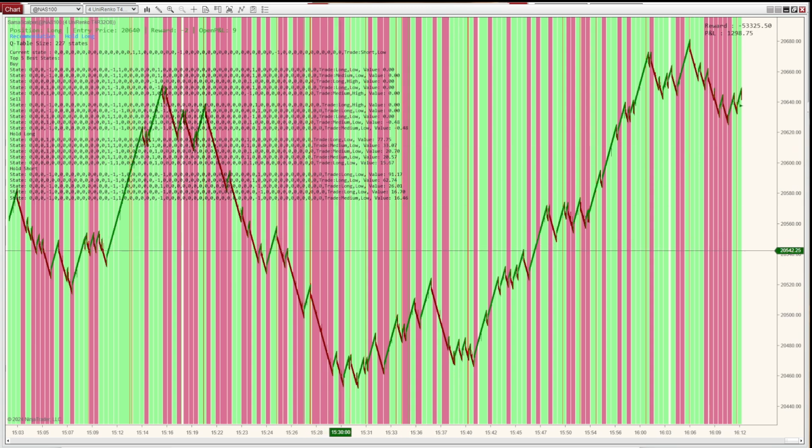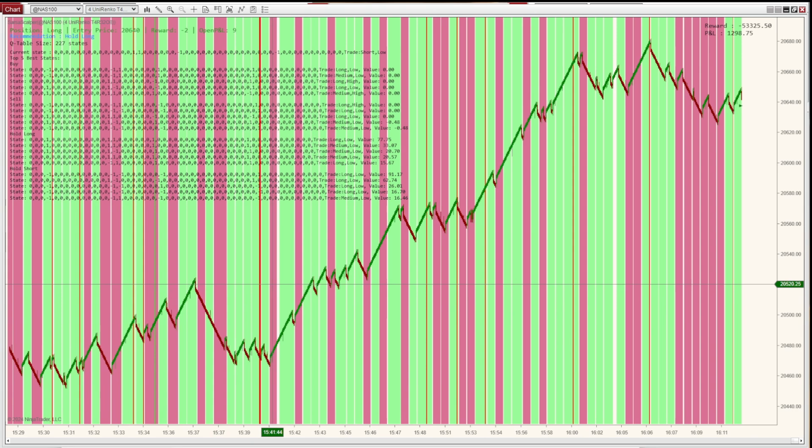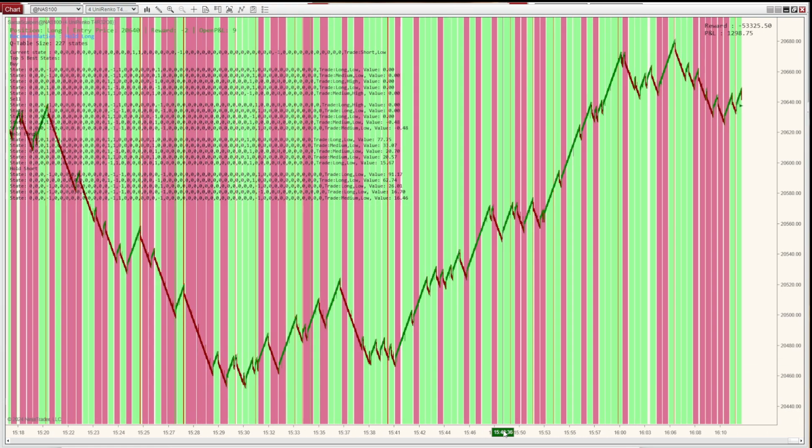And then this is what we have: the white backgrounds, difficult to see here, are where no trade is placed. The green backgrounds are when you're actually in a trade, and the red backgrounds are when you're short. Obviously the green is long, red's short. It seems to have learnt to scalp fairly short periods here.